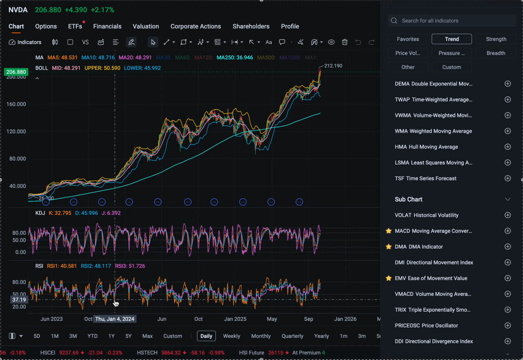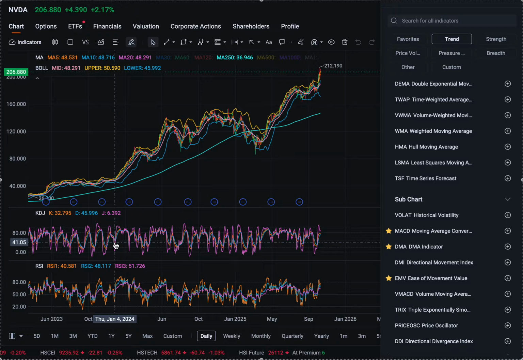So here, the best case is when both KDJ and RSI cross each other at the same time. For KDJ, when the pink line crosses over the blue line right here, and for RSI, the yellow line crosses over the orange line too, that would be the best.